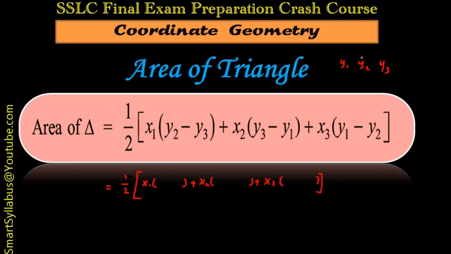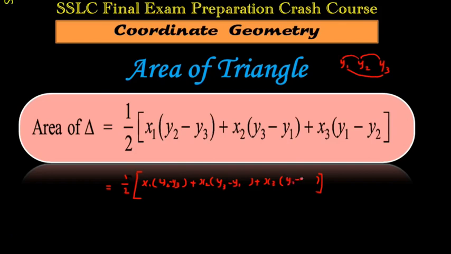Start with y2: y2 minus y3. Then y3 minus y1, plus, and now y1 minus y2. So it's y1 minus y2.